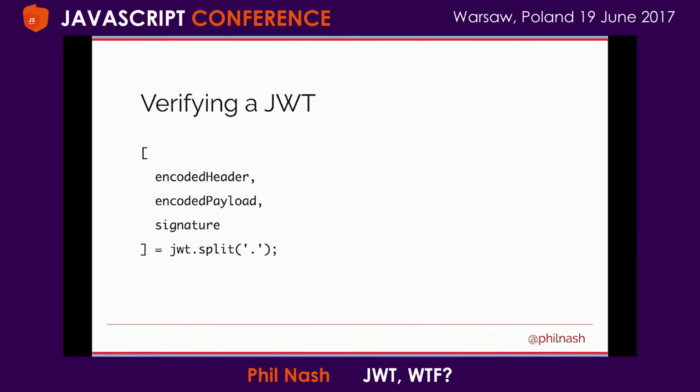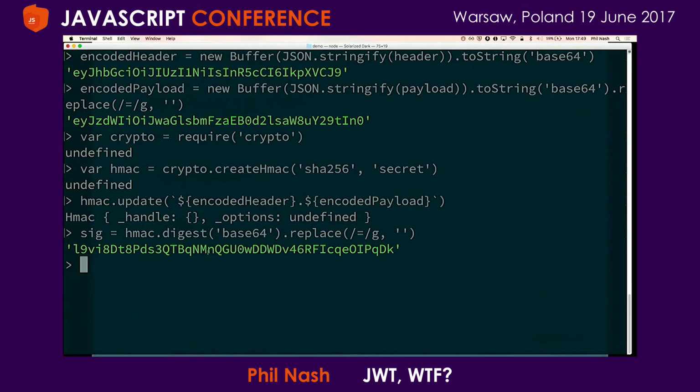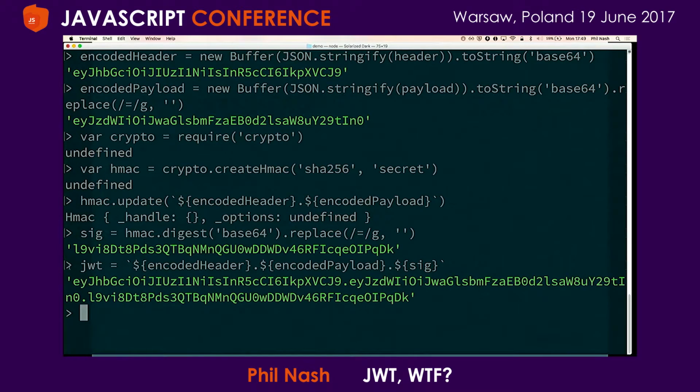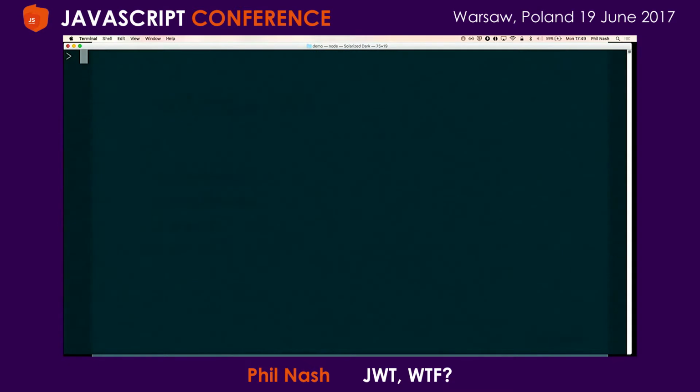So if all you have is this, so actually let's go, JWT is equal to our encoded header plus a dot plus the encoded payload, another dot, and then the signature. That is our JWT. Cool. So if I just take that now and quit out of there and start up a new REPL, I can start from just the JWT.